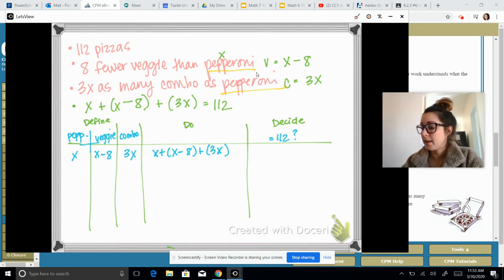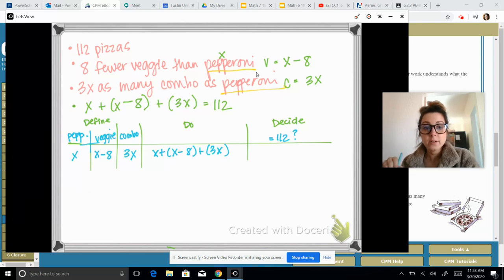Now, you guys can try out different values for x. You can try doing the guess and check to see what will work, or you can set it up as an equation, since we've been practicing that, and just solve for x.